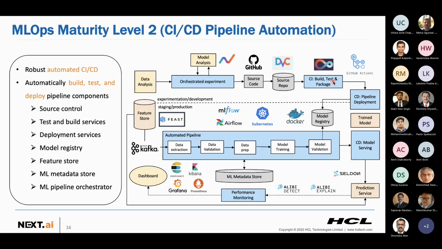Later on, once we decide upon which model to be used in production, we'll do the continuous integration of the source code with GitHub, and data version control with DVC. Since we are using GitHub for source code control, it also has GitHub Actions, which has similar features to what Jenkins provides.